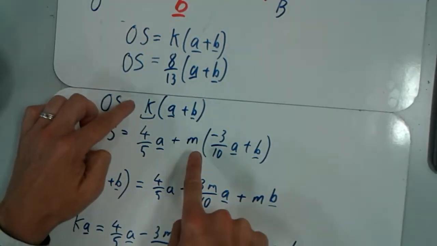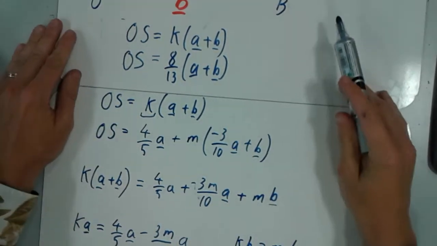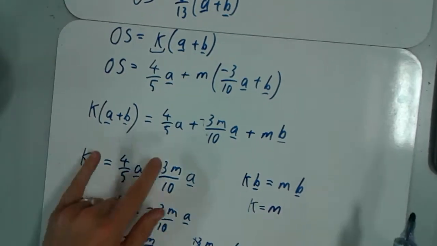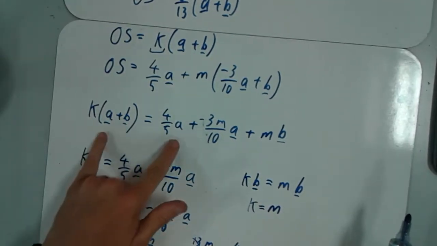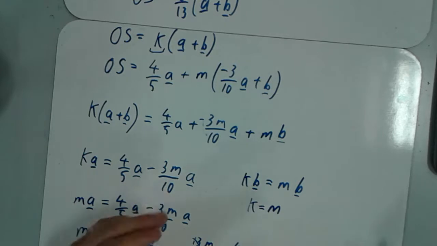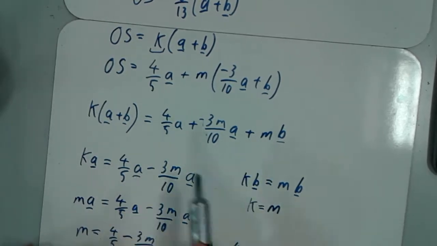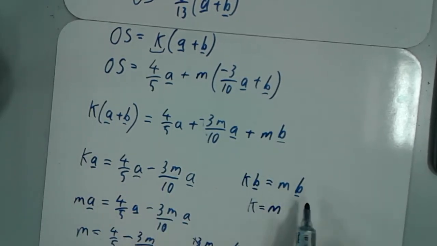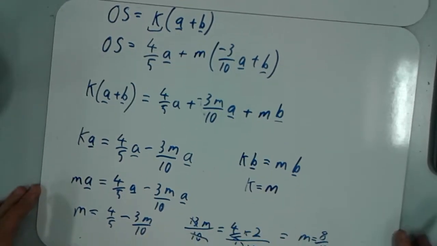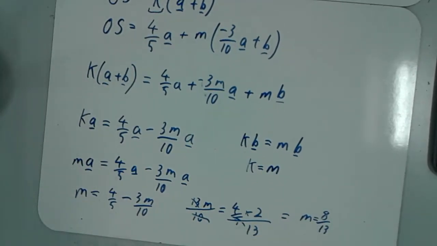Different letters because they may be different fractions. I then equate the A's, knowing I must have the same amount of A vector. I then equate the B's, knowing I must have the same amount of B vectors, and I solve simultaneous equations to reach my solution. Those are probably the hardest type of question, but as long as you follow those key steps, you should be able to answer anything that they throw at you.